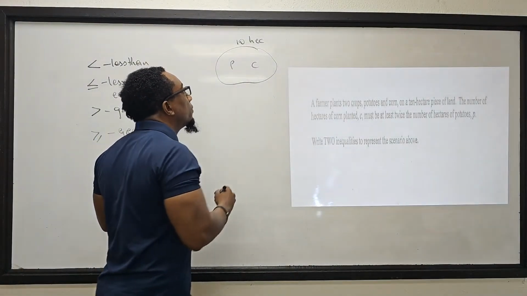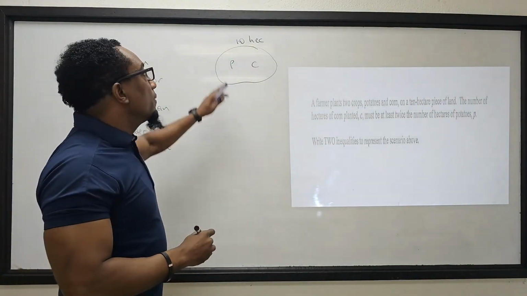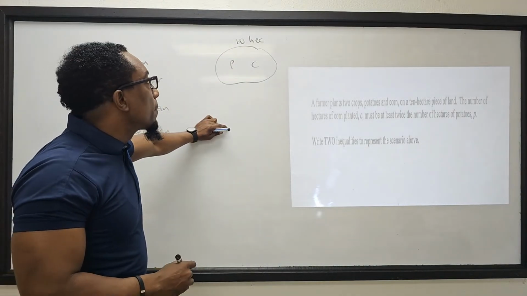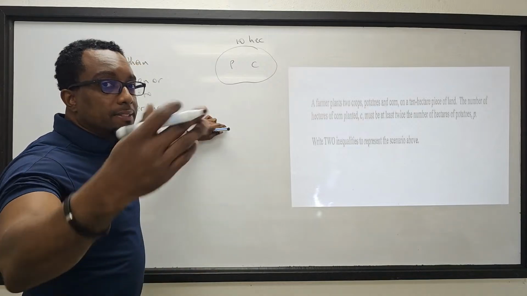And what we want to do is create an inequality. Now, if it's a 10-hectare piece of land, in planting the corn and potatoes, we can't go beyond 10 hectares.